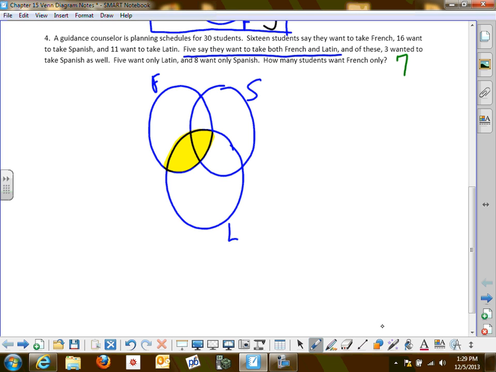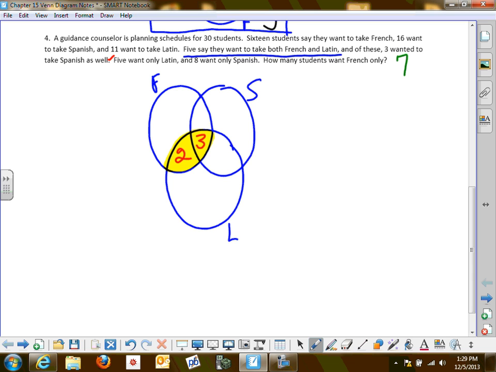And of these 5, 3 of them want to take Spanish as well. That means 3 of them are taking all 3 languages. So that's there, which then means this other space, because this totals to 5, is 2. Okay, so that takes care of that.